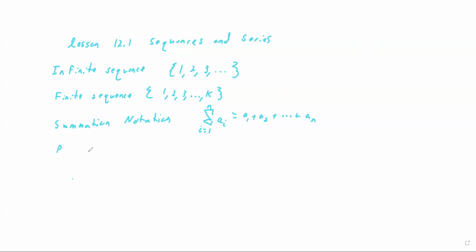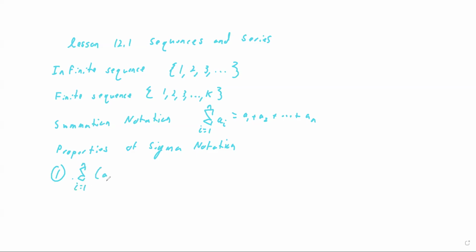Now, properties for what we call sigma notation. It has three different properties. The first property is if I am adding or subtracting inside.